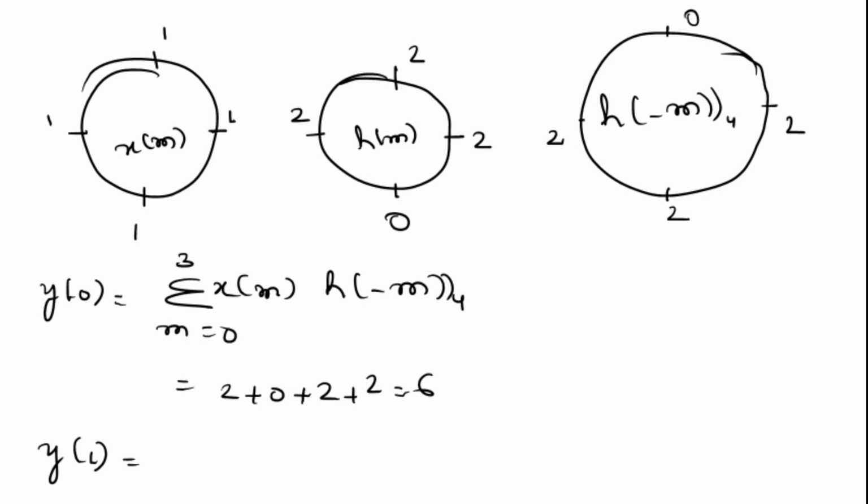That means y of 1 is equal to 2 plus 0 plus 2 plus 2, which is equal to 6. Similarly, y of 2 is equal to 2 plus 2 plus 2 plus 0, which is equal to 6.